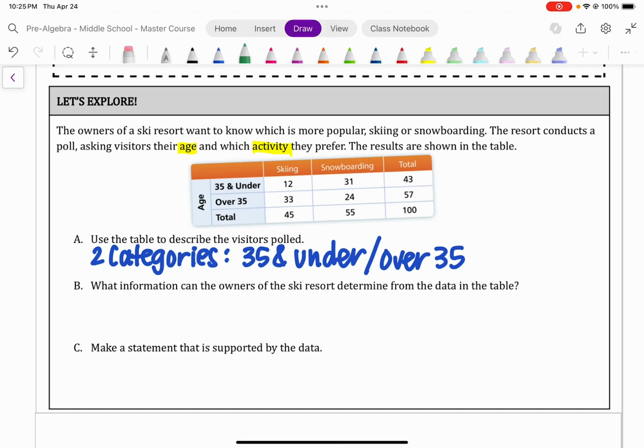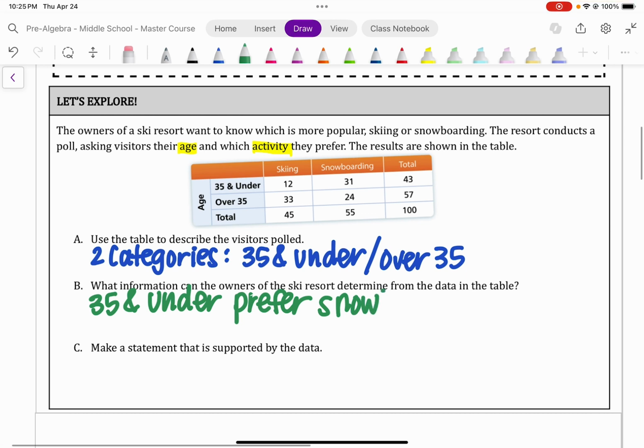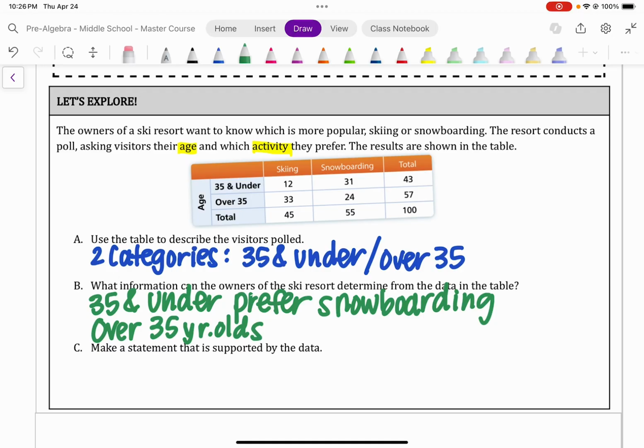So 35 and under prefer snowboarding, because that was 31 out of the 43 people in that age group. And then for the over 35, they prefer skiing.